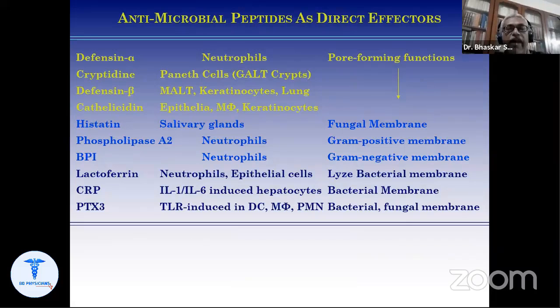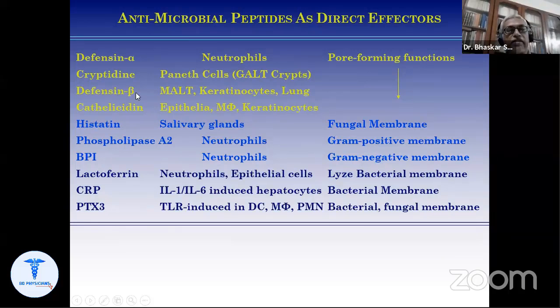Now we'll start with the antimicrobial peptides as direct effectors. So we have three different defensins: defensin alpha, defensin beta, and defensin theta. And of these, the defensin alpha is produced by neutrophils. Cryptidin is another form of defensin alpha, which is secreted by Paneth cells in the crypts of Lieberkühn and GALT, gut-associated lymphoid tissue.